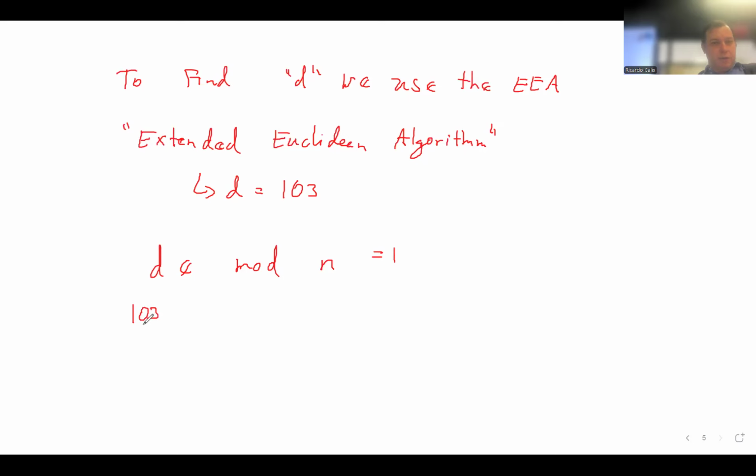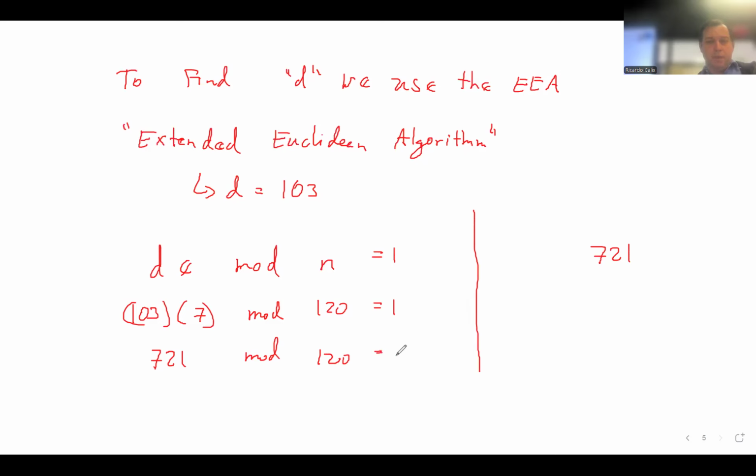Given that, we're going to plug in the values here. So 103 times, what was E? 7? Yeah, 7 mod N, which was 120, should be equal to 1, right? So we already discussed that. So how do we do this? Essentially, 103 times 7 should be 721. 721 mod 120 is going to be equal to 1.